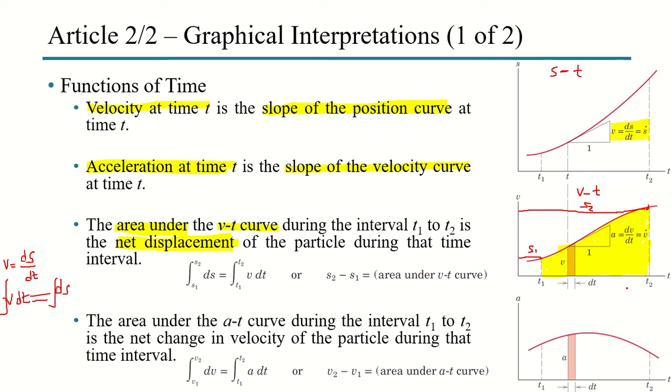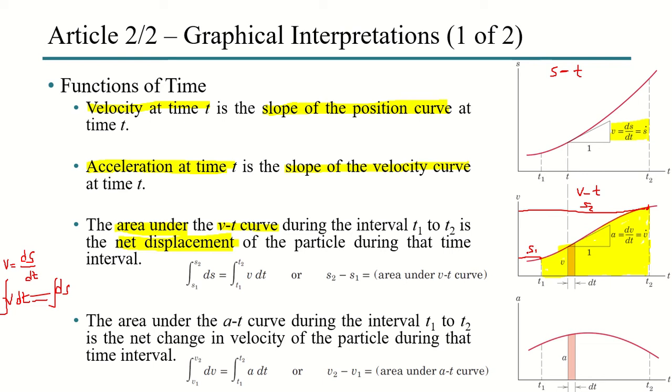So the limit is, this is the distance, the position. From this point to this point, the particle is moving. To find s, the net displacement, this is the area under the curve.